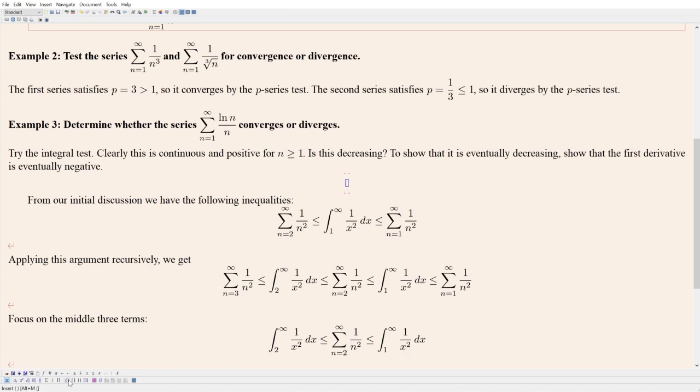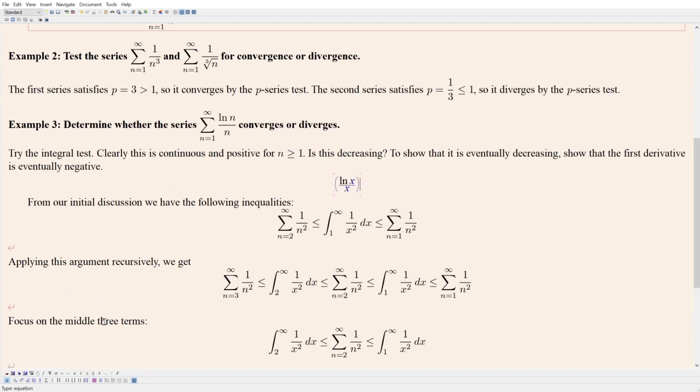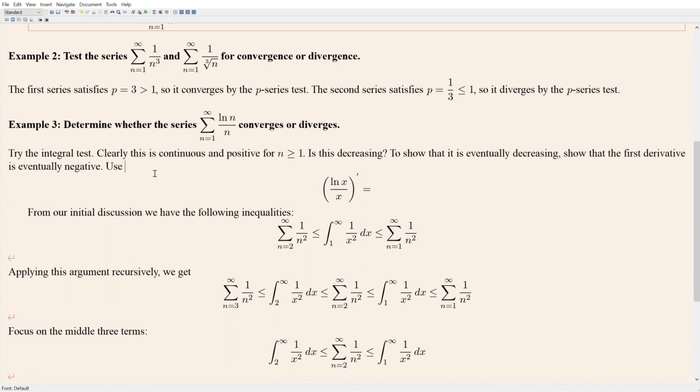Okay, so I'm replacing n with x because if we're going to differentiate it, then we need the domain to be real numbers as opposed to integers. But, I mean, whatever, that doesn't really matter. So we're going to have to use the quotient rule here.